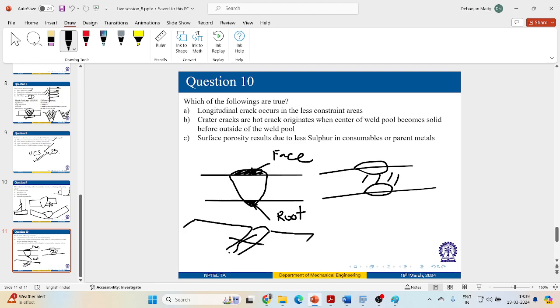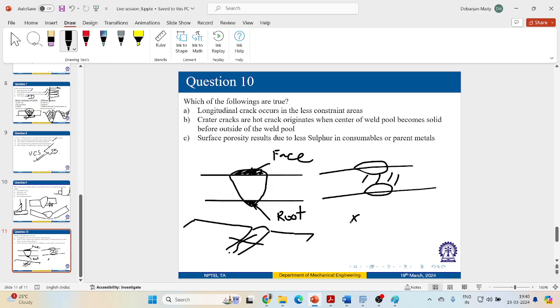Yeah, there can be crater crack. Crater crack generally forms in the shape of some kind of X, and it is found in a crater. They are generally hot cracks.